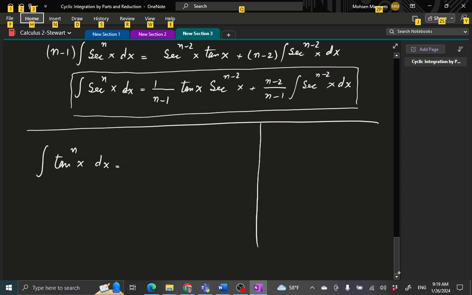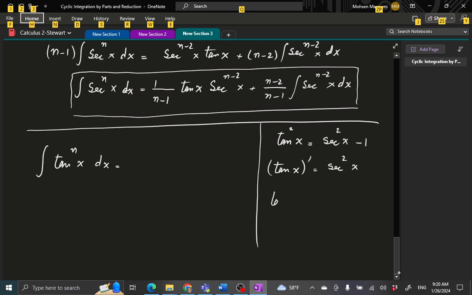So remember, first of all, the trig identity that we have is tangent square is secant square minus 1. That's item number 1. And the derivative of tangent of x, of course, is secant square of x.